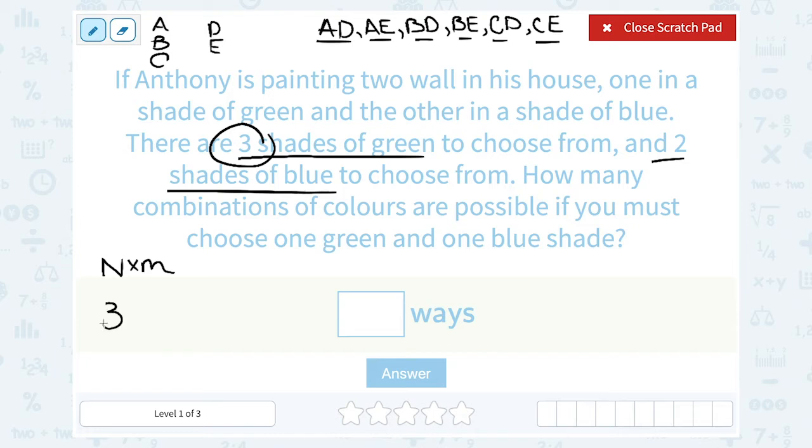So we could say that n is 3, times or multiplied by, well, there's 2 different blue colors or 2 different ways to pick your blue. So 3 times 2 tells us that there's 6 possibilities or 6 combinations. Now notice that's the exact same answer we got when we wrote out our list. The list just shows us what those possibilities are, and the counting principle tells us how many ways.